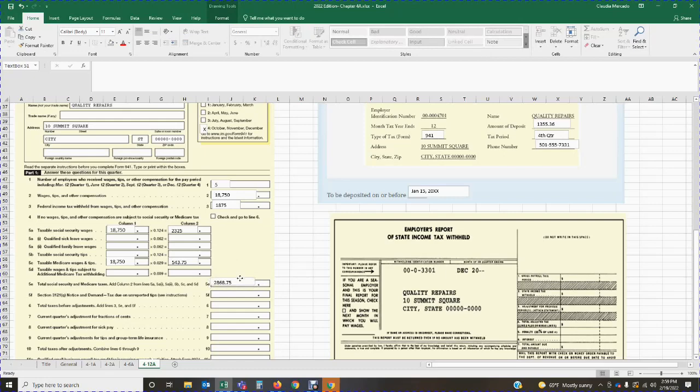What did I do to get that number once again? I added those 2 totals in column 2. Line 5F does not apply, notice of demand, that does not apply. Line number 6, total taxes before adjustments. We're going to bring that number down.